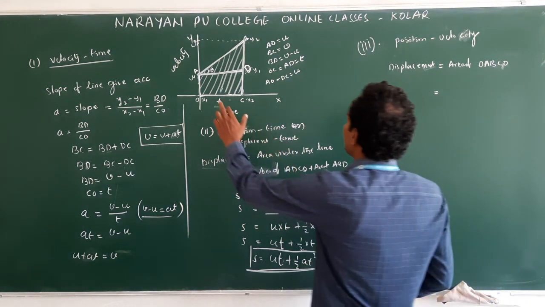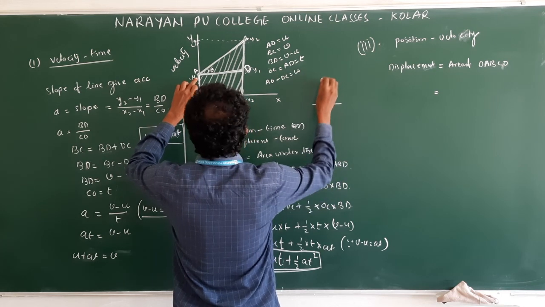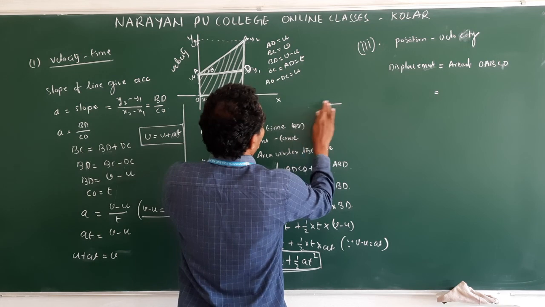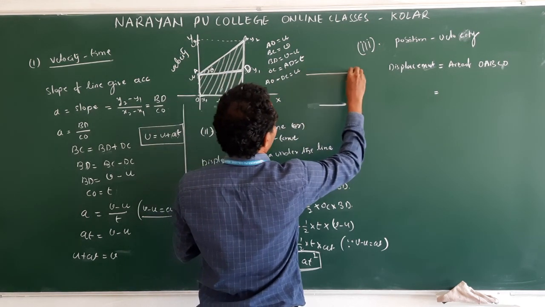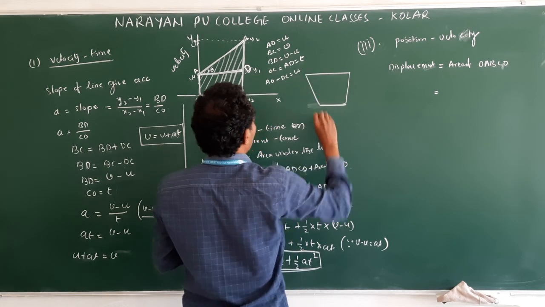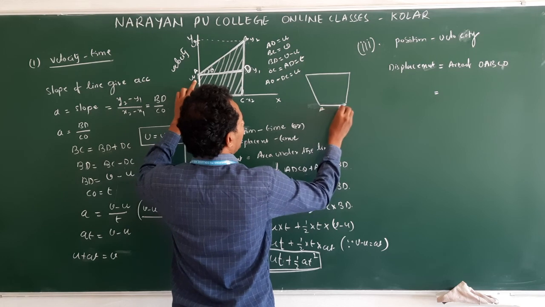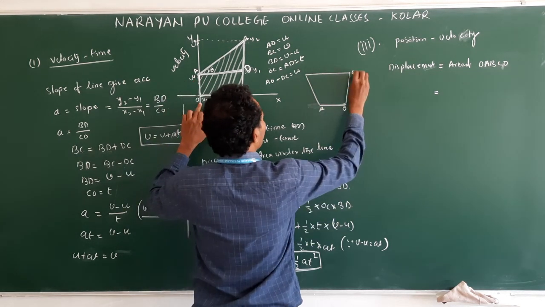What is the height? If you draw this figure like this and turn it, it will become like this. Am I correct? This is AO. Next, this is OC.